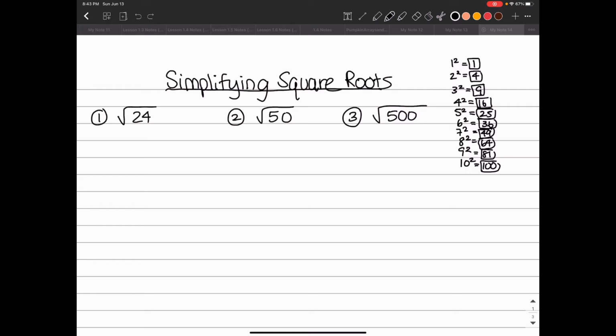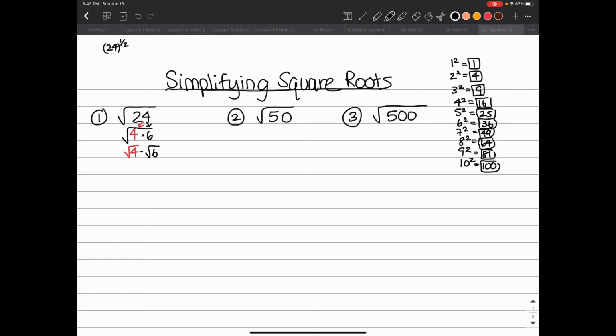So I have 24 breaks down into 4 times 6. So this is really the square root of 4 times 6, which I can break down into the square root of 4 times the square root of 6. And the reason why I can do that is, if we go back to our exponent rules, the square root of 24 is actually 24 raised to the 1/2 power.